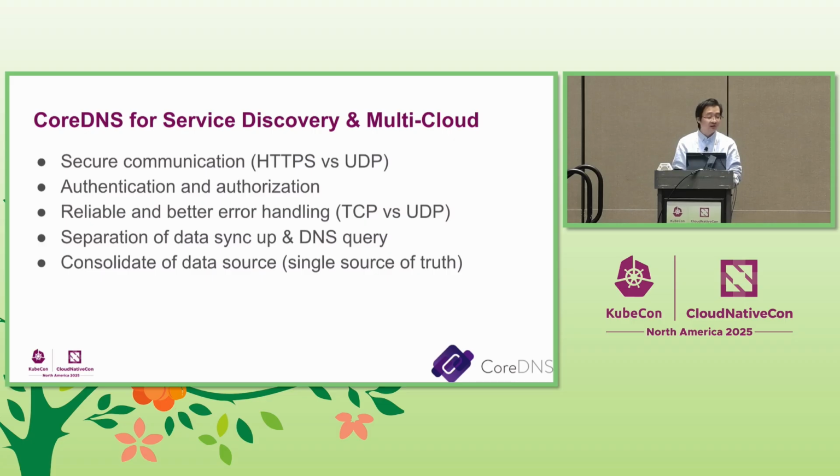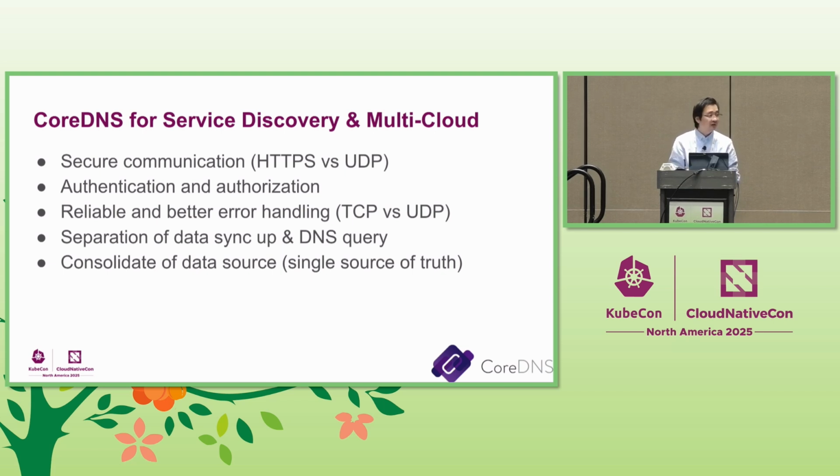But this is not exactly the best way because UDP by itself is not secure, right? It's also stateless. So if anything goes wrong, you may not know what could be wrong. Debugging has been pretty painful. The error message can be a little cryptic, so you don't know what could be wrong.